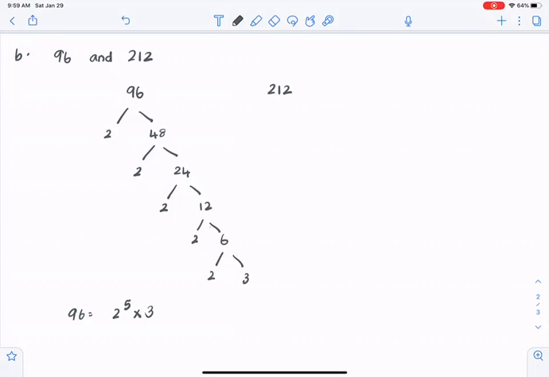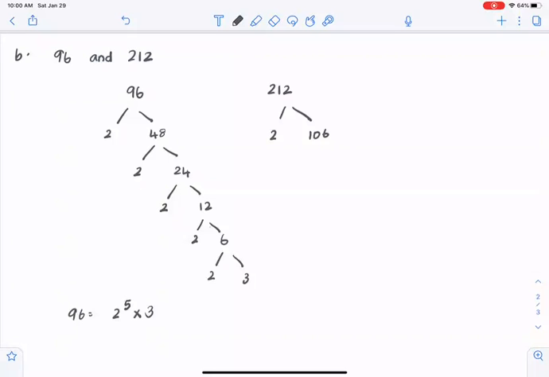Let's look at 212. 212, the last digit is 2, which tells us that that number is divisible by 2. So, sorry, it should be 106.